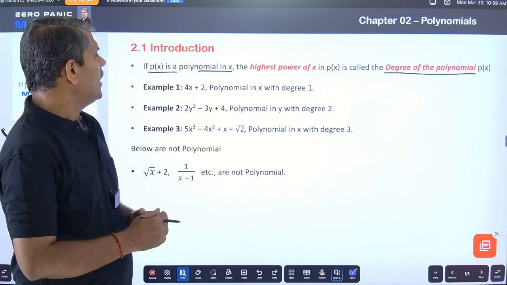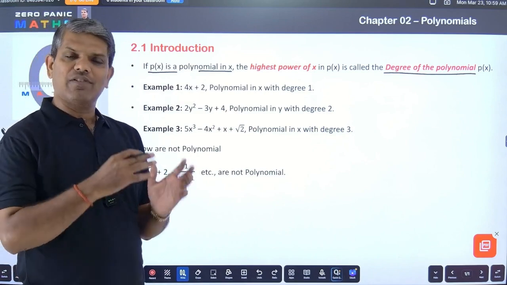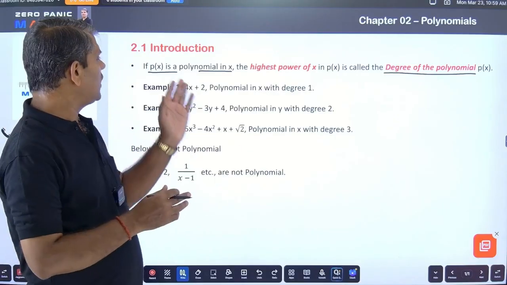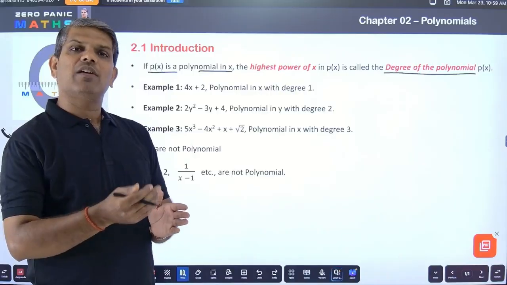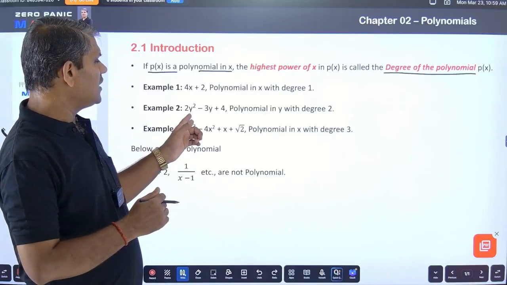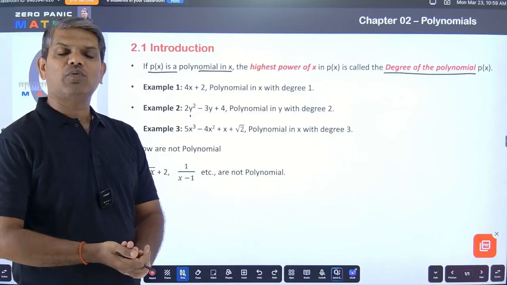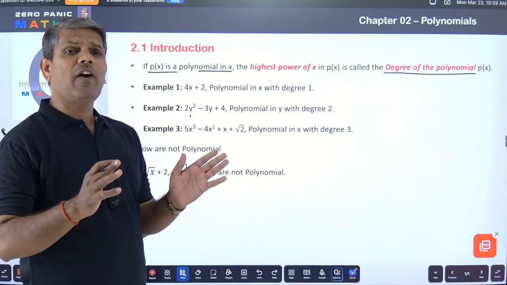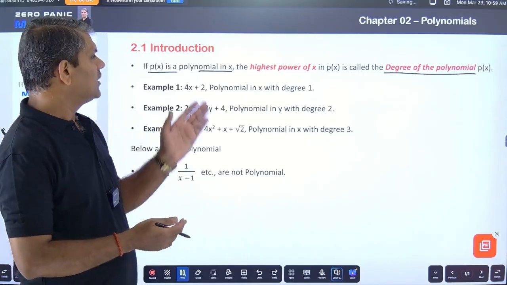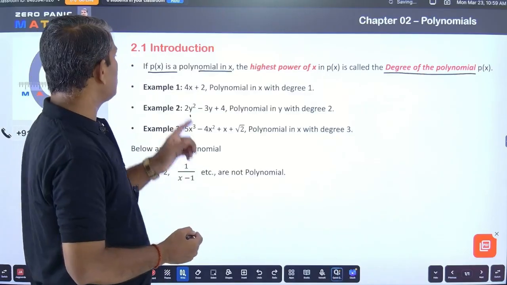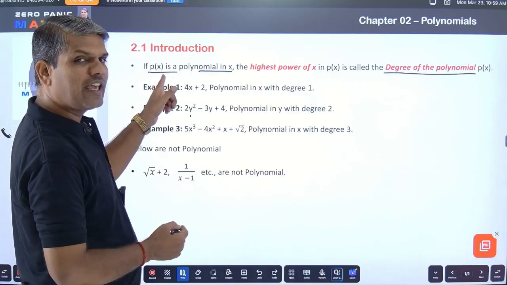If it has the variable x in it, it is called p of x. If the polynomial has a variable y in it, that can be called p of y. In that way you can define polynomials with different variables in them.